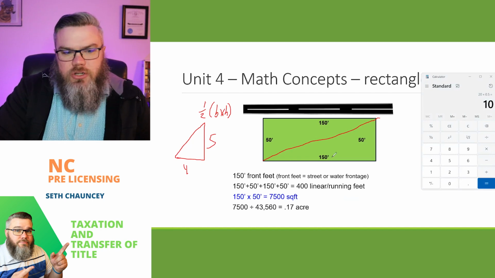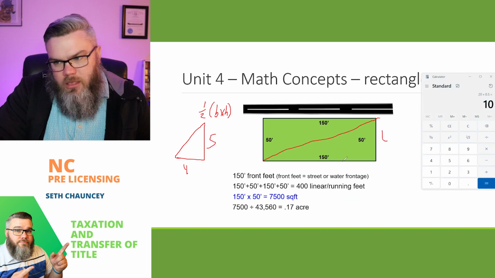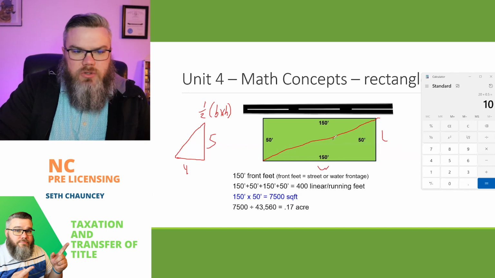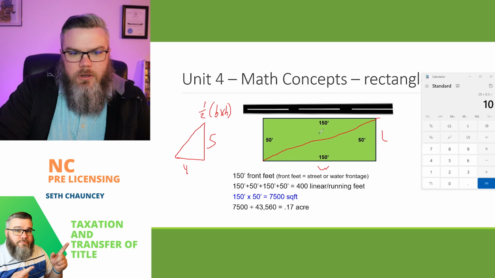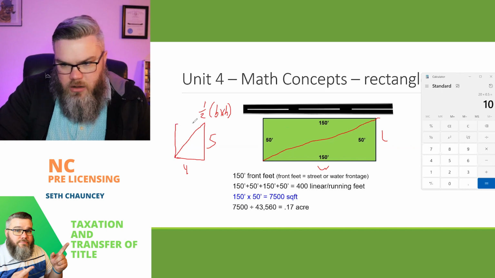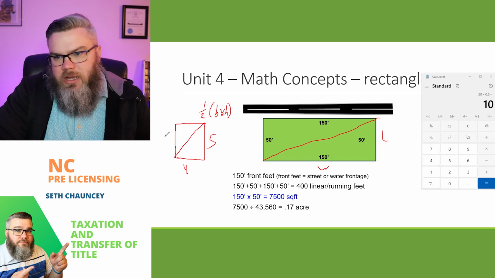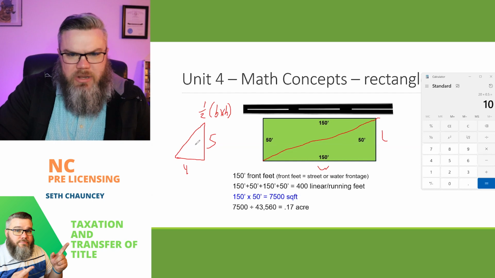So it's really just saying length times width, or whatever you want to call it, base times height, and then dividing it by 2. That's why it works. Don't let triangles confuse you. It's just base times height and then divided by 2. Because if you just did base times height, you're finding all of this. So dividing it by 2 gives you just the triangle. Does that make sense for everybody?